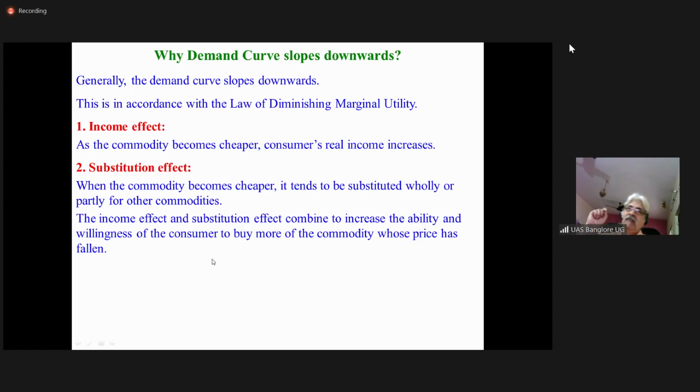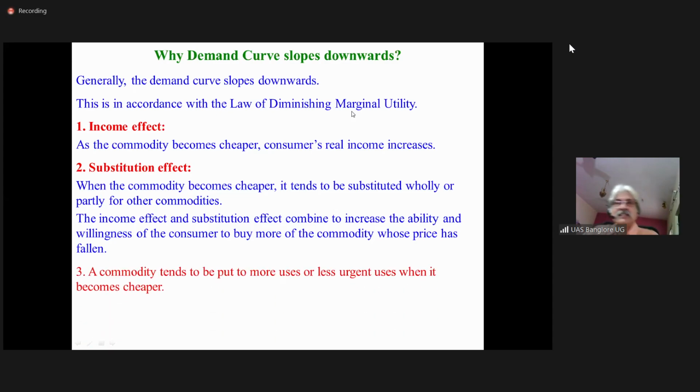So the willingness also increases because it is cheaper, and the ability also increases because the real income increases. So usually people consume or purchase more of a cheaper commodity, the commodity whose price has come down.